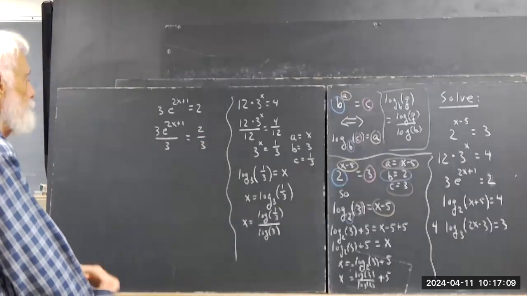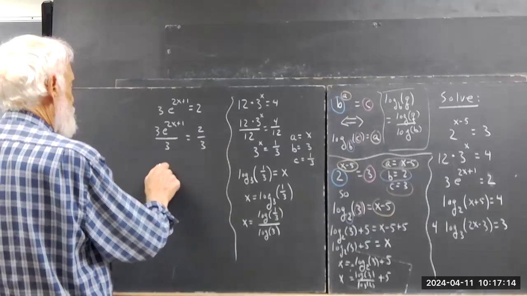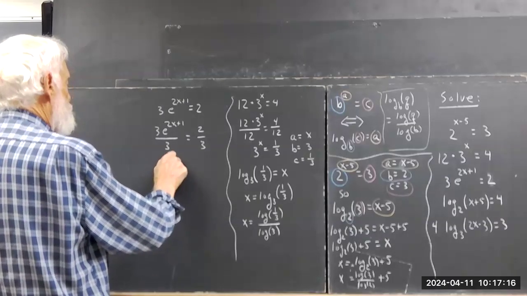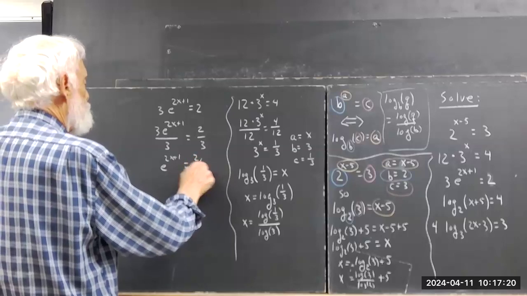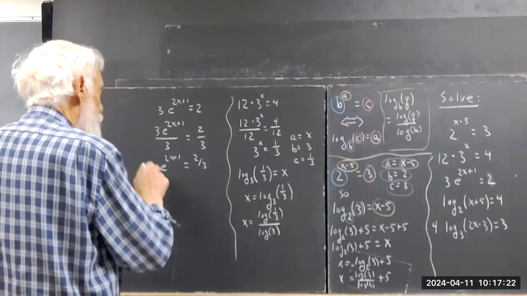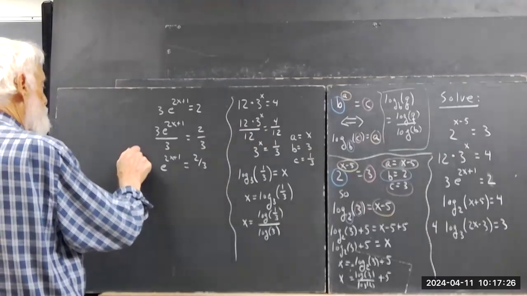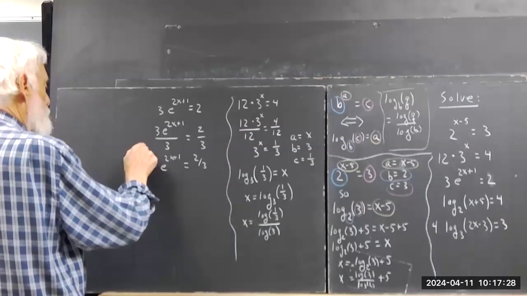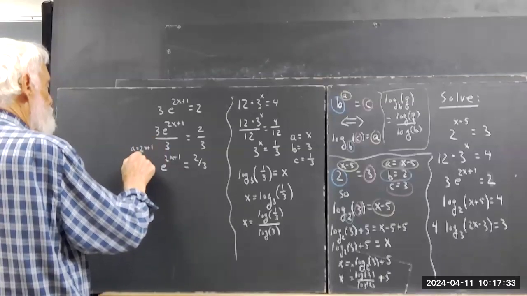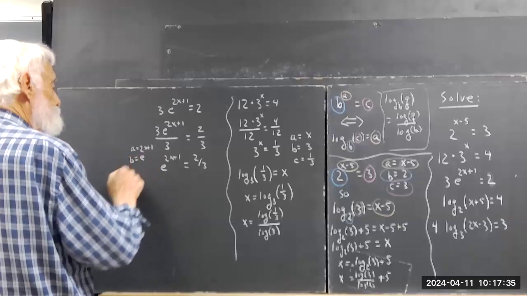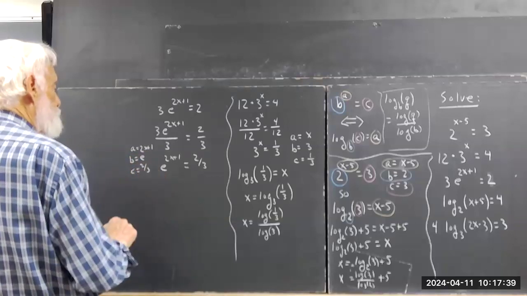And now we can write this as e to the 2x plus 1 equals 2/3. Now it's in the form. So we see that A is 2x plus 1, B is e, and C is 2/3.